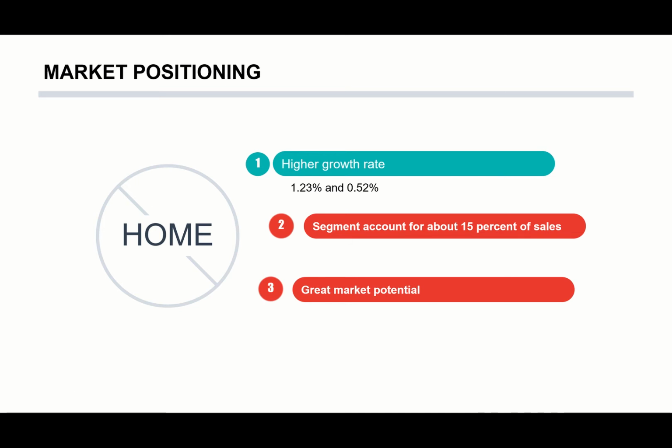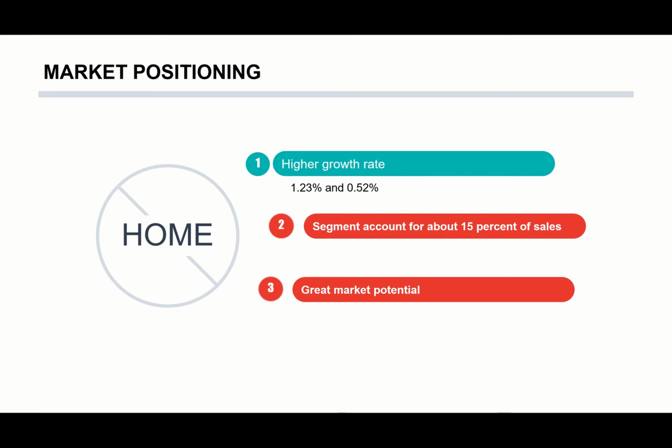In the beginning, we were struggling with which segment we should target because all the segments were growing in the past 3 periods. Among all segments, Home's 3 years growth was significantly higher than others, 1.23% and 0.52% respectively. There is still a large space for development.